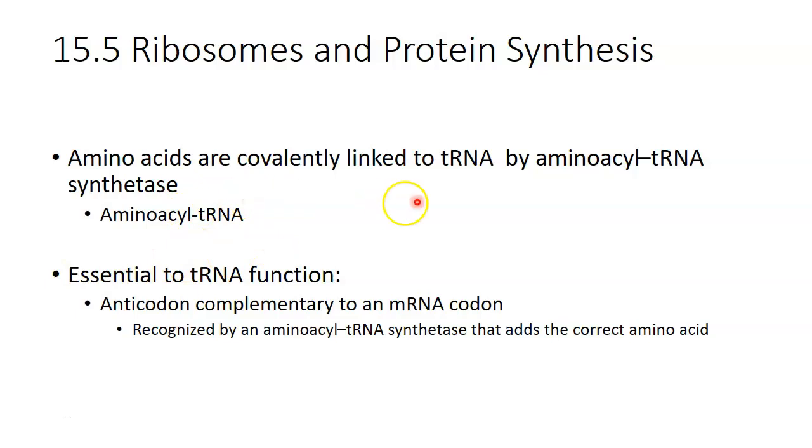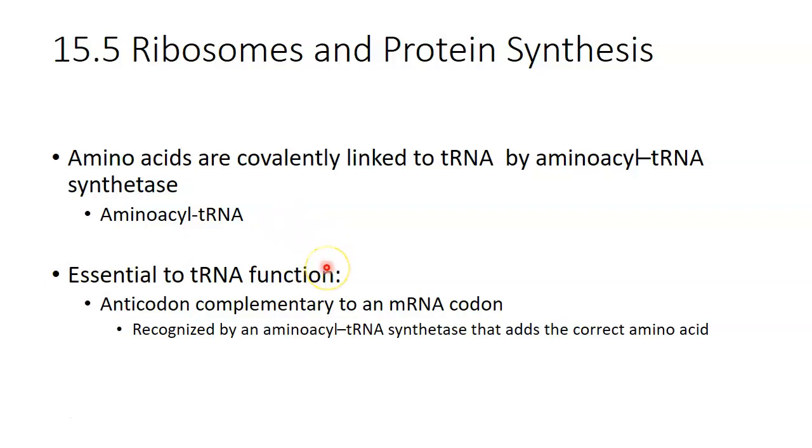So when I say that they bring amino acids in, they're actually going to be covalently linked to the appropriate amino acid. And there's a certain enzyme that is going to covalently link amino acids to tRNA molecules. And that enzyme is called the aminoacyl tRNA synthetase. And when a tRNA molecule is carrying an amino acid, it's called an aminoacyl tRNA.